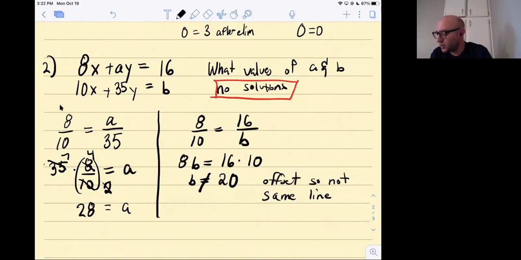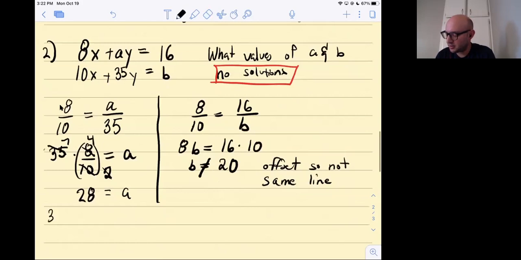Oh, 28. When you multiply 35 times 8 over 10, because I multiply both sides by 35 here. Archer did it a nice way.